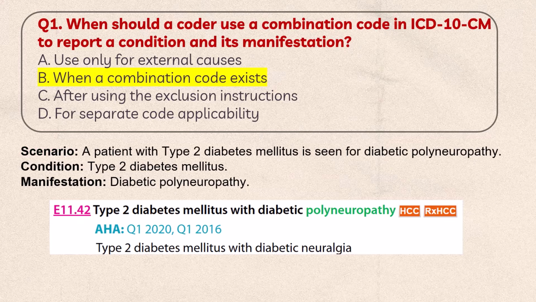So for example, a patient with type 2 diabetes mellitus is seen for diabetic polyneuropathy. Here the condition is type 2 diabetes mellitus and the manifestation is diabetic polyneuropathy. So we do not need to code both conditions separately because there is a combination code, E11.42, type 2 diabetes mellitus with diabetic polyneuropathy. So we can use this combination code for both conditions.